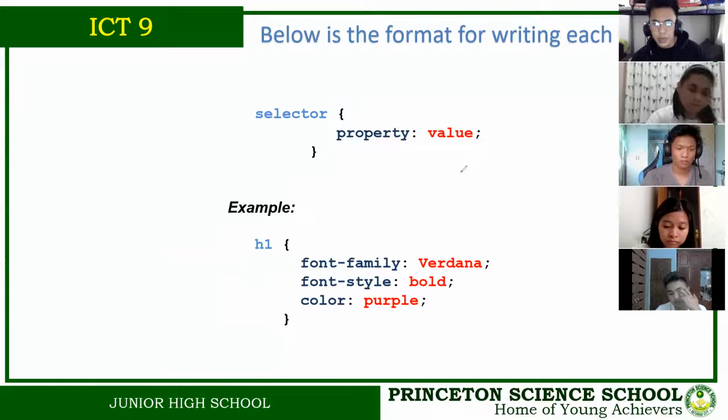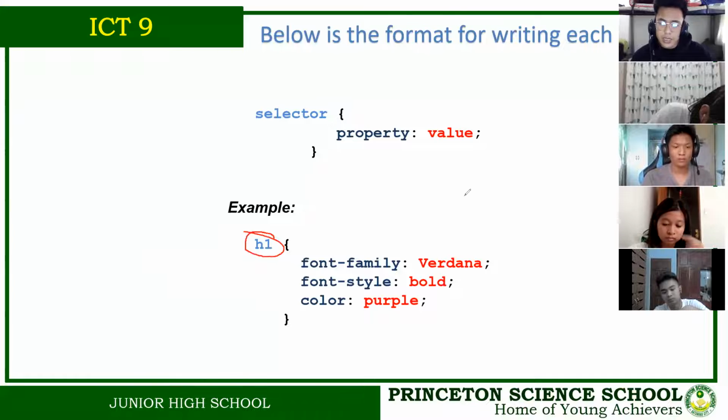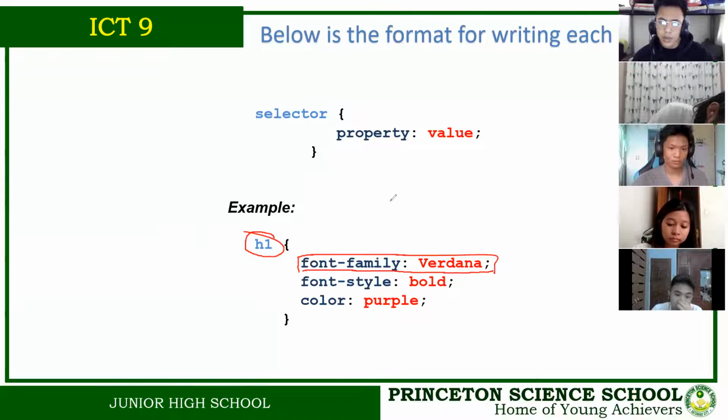Okay, so that is the parts of our CSS syntax. So we have the selector that selects the tags to be edited or formatted or to be given a design. And we have declarations here. So why declarations? It is declaring what type of property we are going to apply. So in here, it declared that it is going to be a font family.